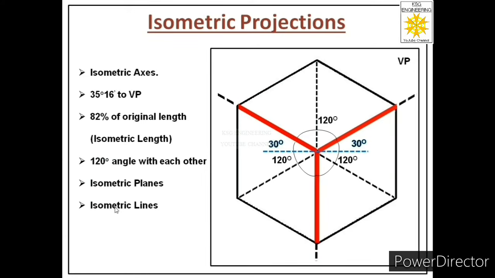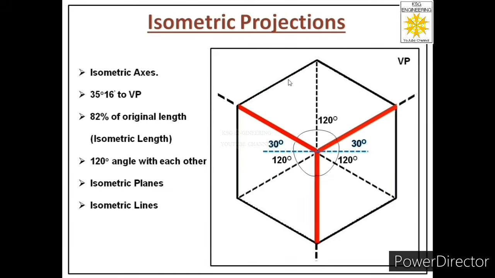The next is isometric lines. We have learned that the front three edges of the cube are known as isometric axes. So any edge or any line present in the object parallel to any of these three isometric axes is called an isometric line. Now look over here. This edge or this line is parallel to this isometric axis.